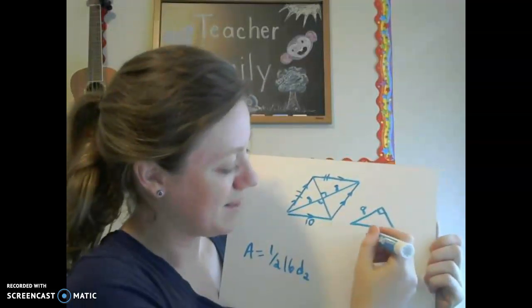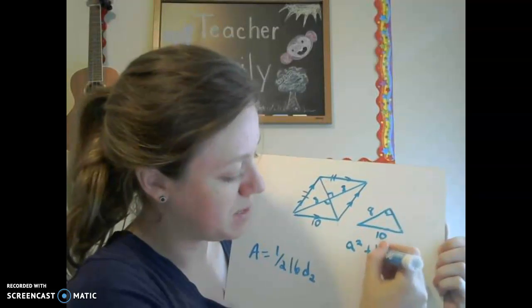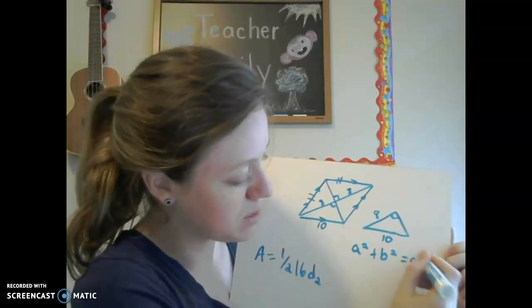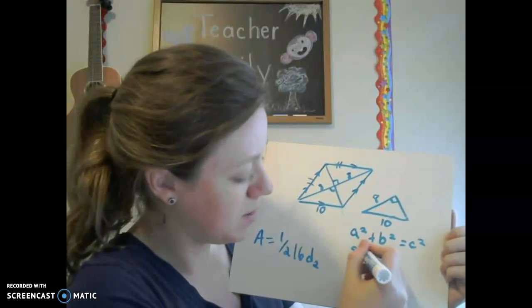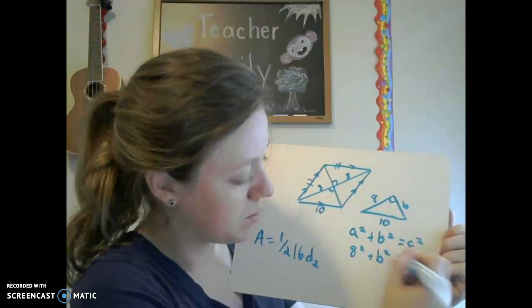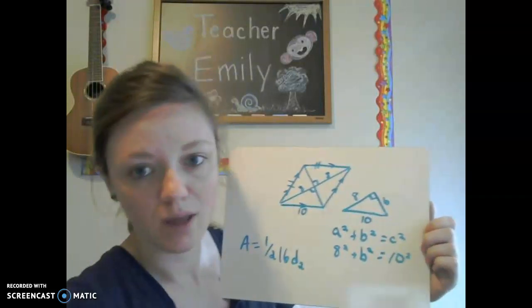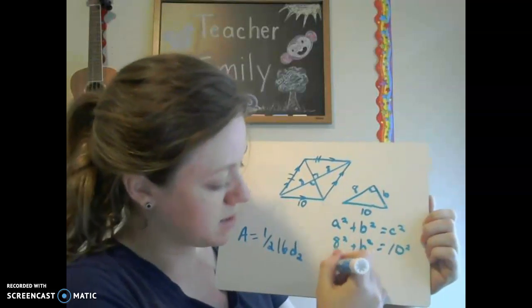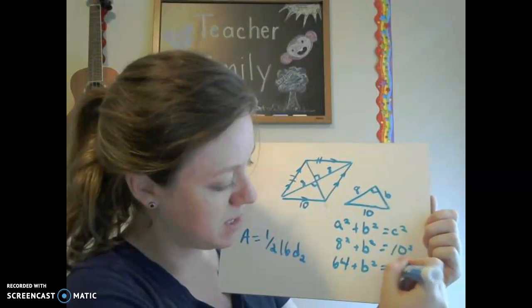Remember, a squared plus b squared equals c squared. C squared is the hypotenuse. So I can say 8 squared plus b squared, we'll say this is b, equals 10 squared. 8 times 8, 64, plus b squared equals 10 times 10 is 100.